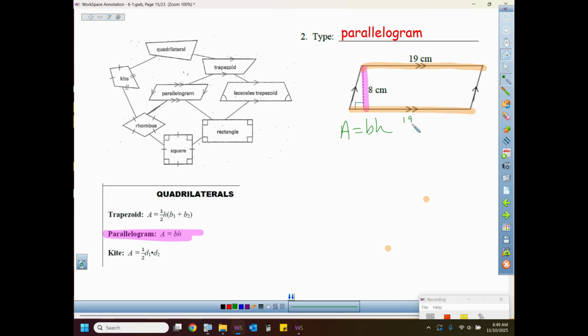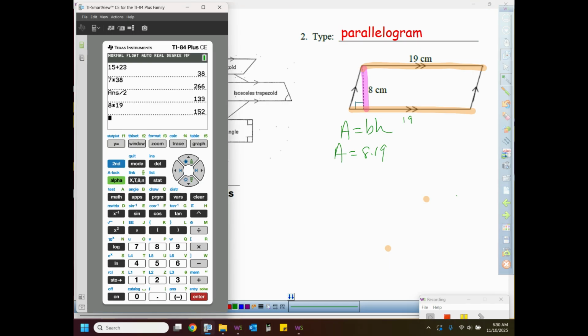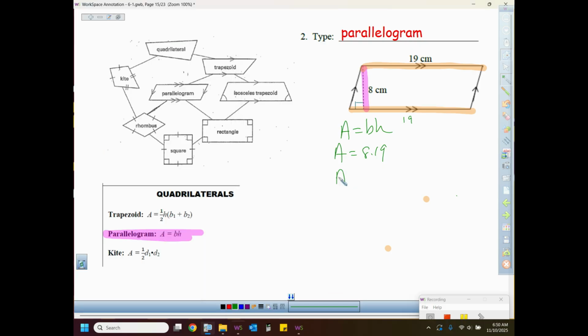We'll learn later this chapter, which you may have learned from middle school already, that those sides are the same length in a parallelogram. So we've got a 19 for a base and 8 for a height. So we'll sub in 8 times 19, and then we'll punch it in. 8 times 19. Boom, 152. And then the label will be centimeters squared, due to the fact that all area is in square units.